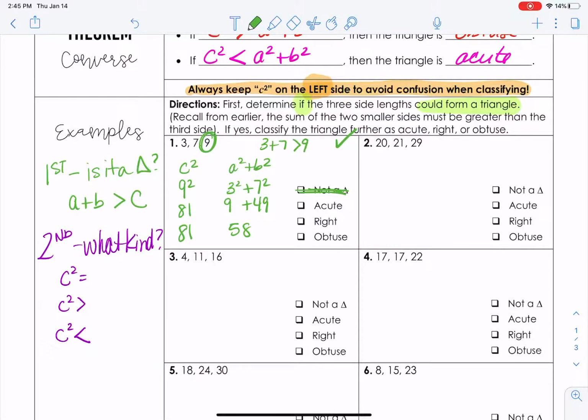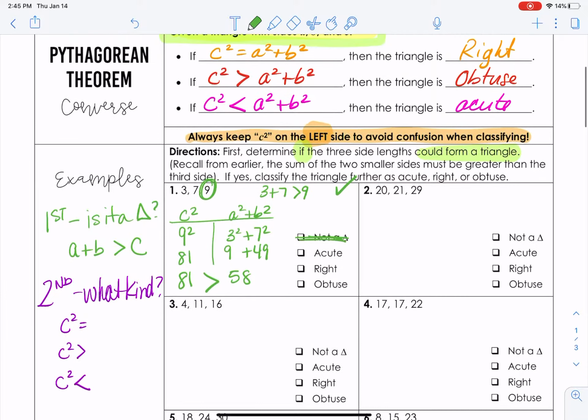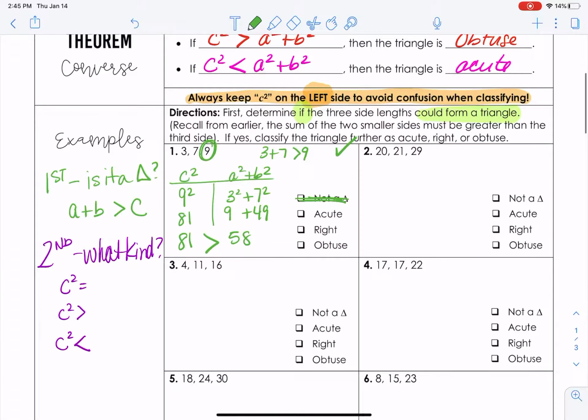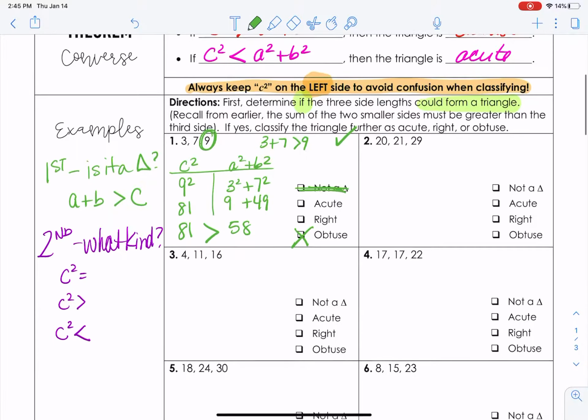Well, obviously, 81 is greater than 58. So when c squared is greater, that's an obtuse triangle. That's it. We are determining if it's a triangle, and then what kind based on the size of c squared compared to a squared and b squared. So now let's look at number 2.